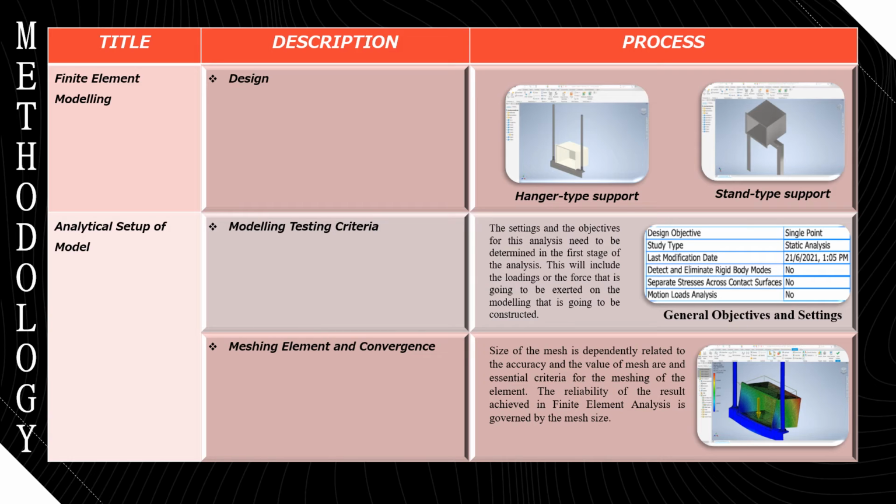This will include the loading or the force that is going to be exerted on the model that is going to be constructed. As you can see on the figure there, first the design objective is a single point. This is what we're going to do with our design. And the study type is a static analysis.